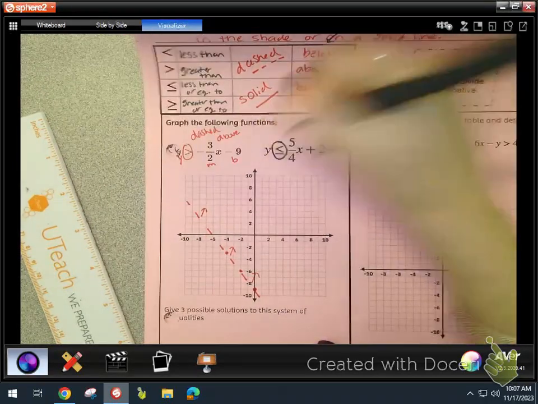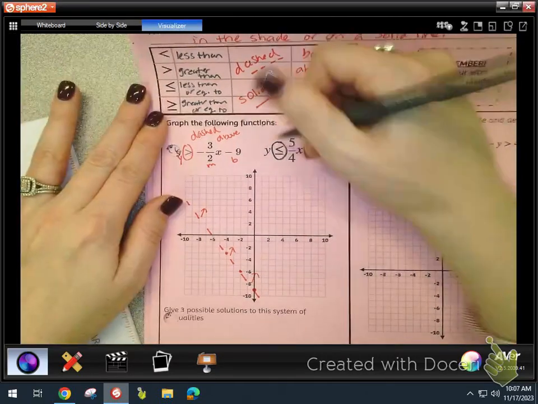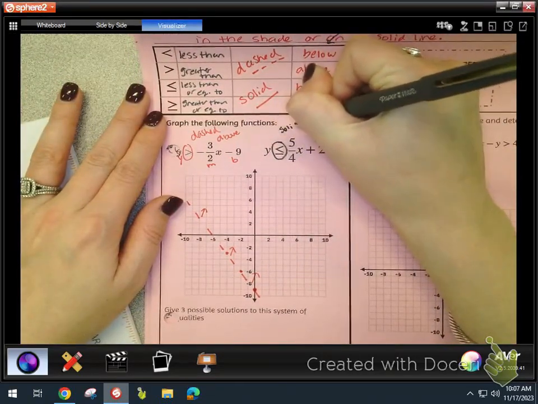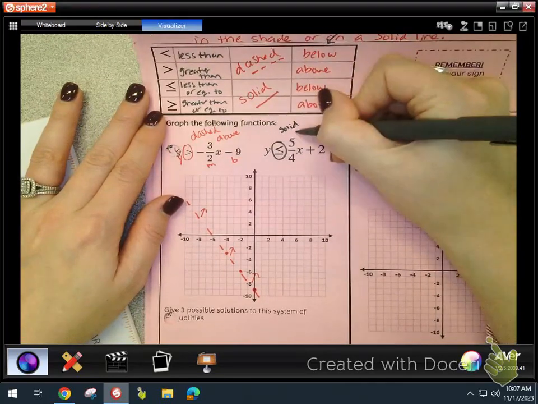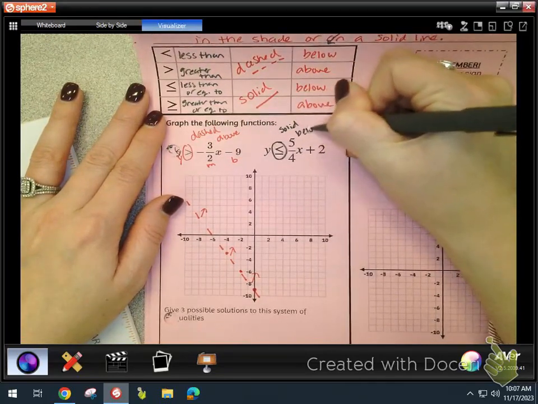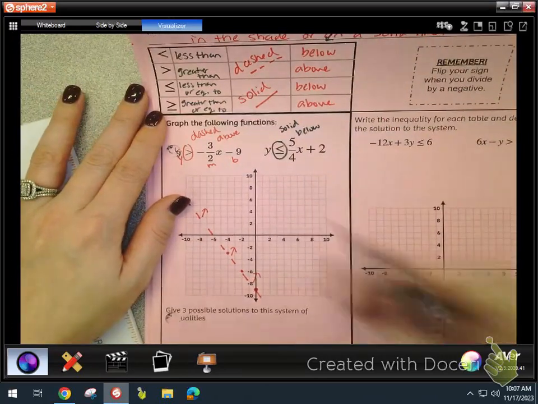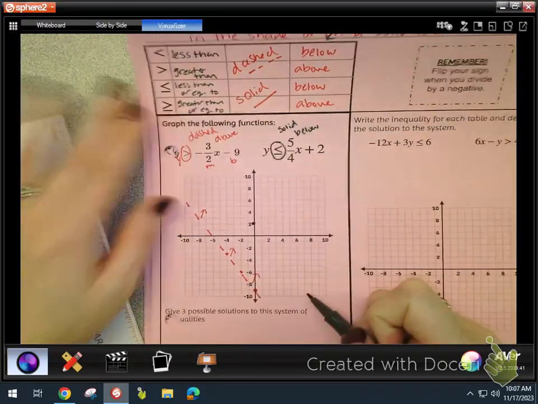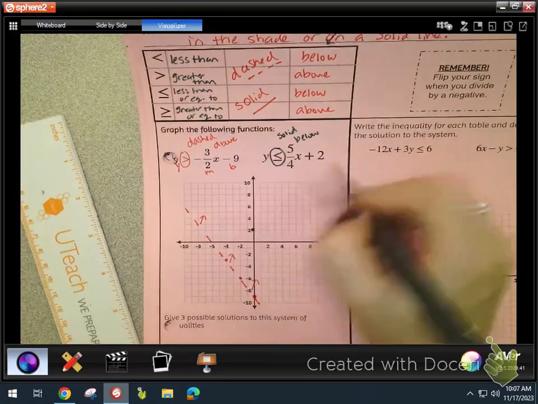The symbol for the other one is less than or equal to. So what type of line am I going to draw? Solid. And where's my shading going to be? Below. So let's graph that. Up 2 for my y-intercept.